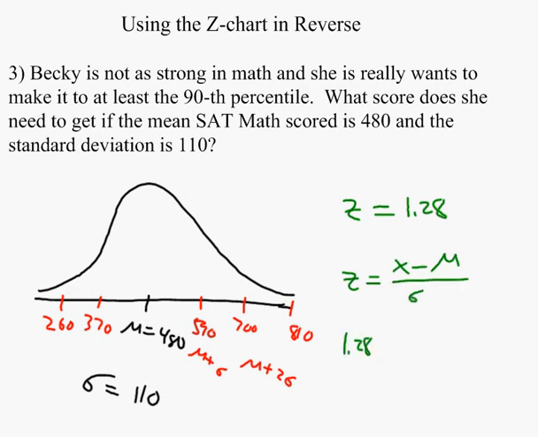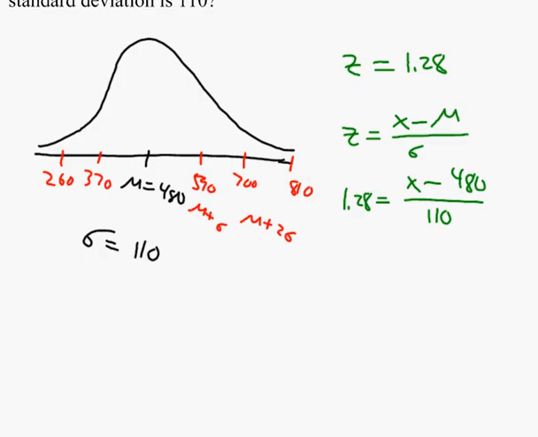We can say that 1.28 equals x, which is unknown, minus the mean of 480 over the standard deviation of 110. So this is a problem that is solvable with basic algebra. First thing we could do, if we want, is cross multiply or multiply through by 110, however you want to say it. So 1.28 times 110 equals x minus 480.